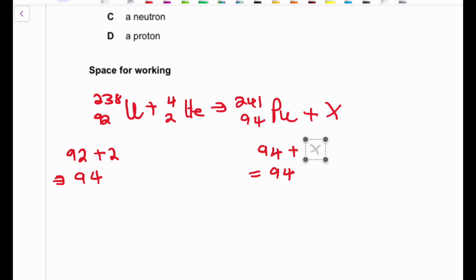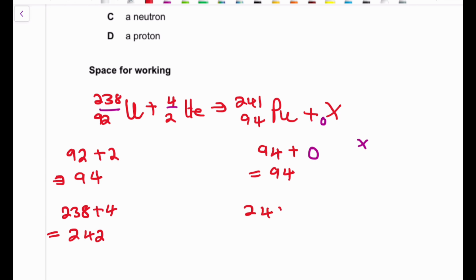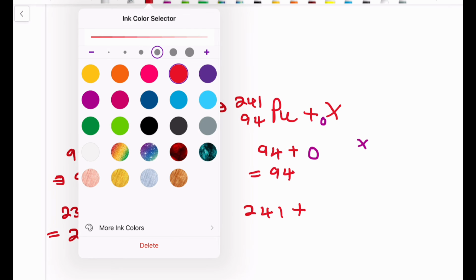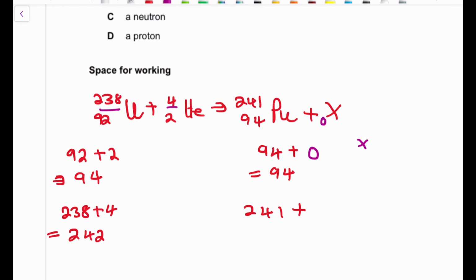So basically, we need a 0 here, so we're going to need a 0 over there. But if you look at the nucleon numbers, we have 238 and we have 4. If you add these two up, 238 plus 4 gives you 242. But on the other side, we have 241 plus what? What do we need to add in order for these things to be balanced?